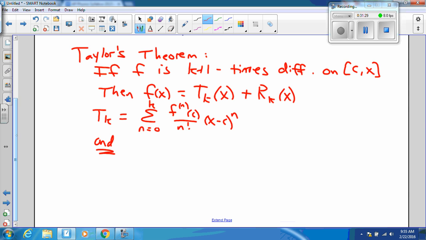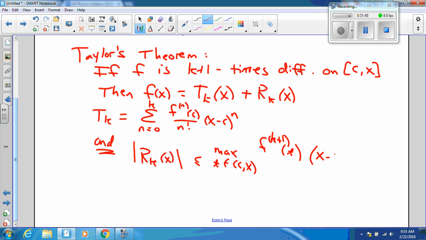And here's the part that we're going to prove. Our error is bounded by the max over all t between c and x of the absolute value of the k plus 1th derivative at t, times x minus c to the k plus 1, over k plus 1 factorial.